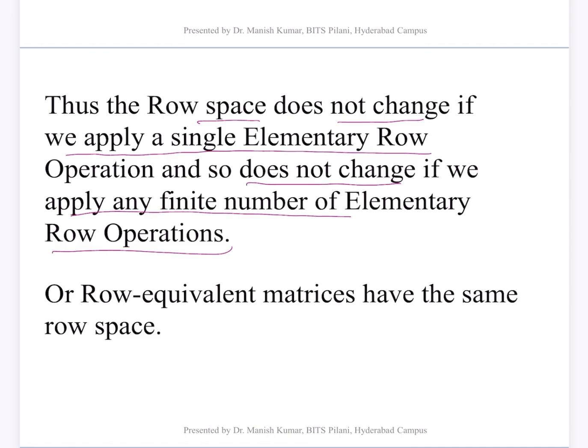It concludes that if you apply a finite number of elementary row operations on a given matrix A, and you get another matrix B, then the row space does not change. Or we can say that row equivalent matrices have the same row space. This is the proof. Thank you.